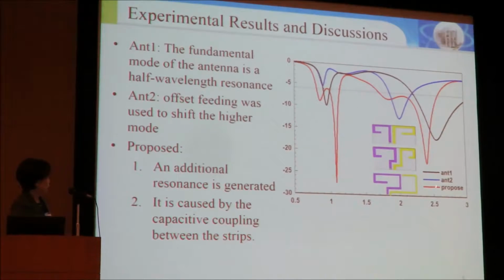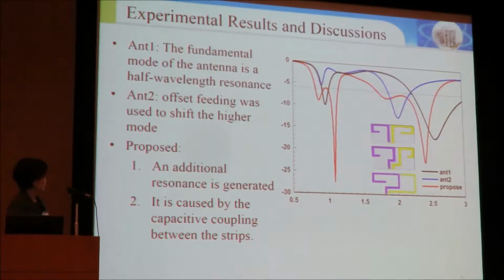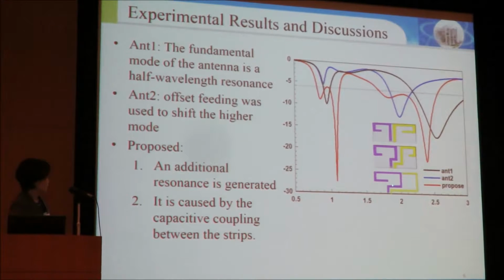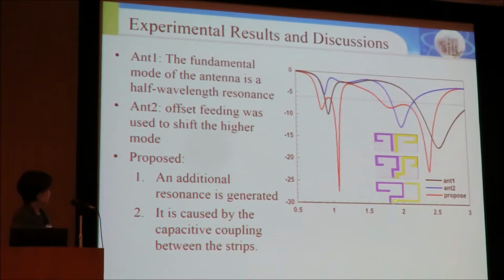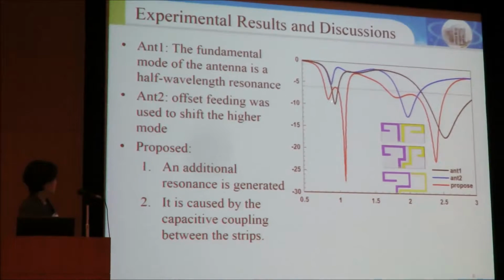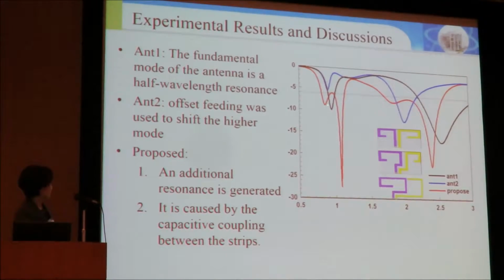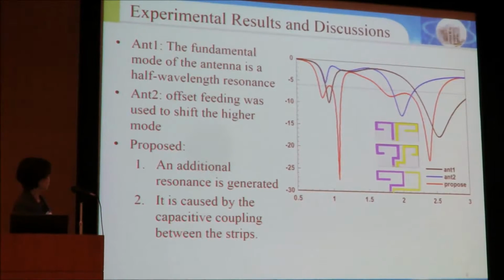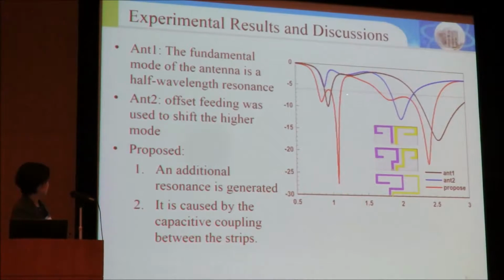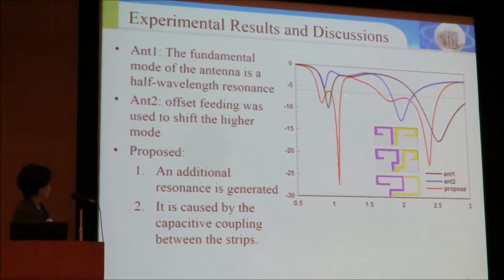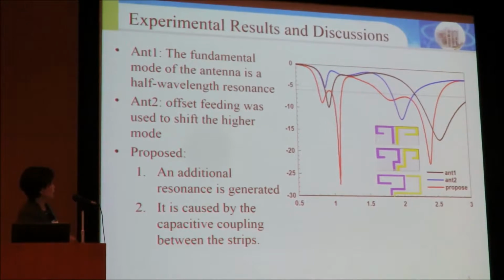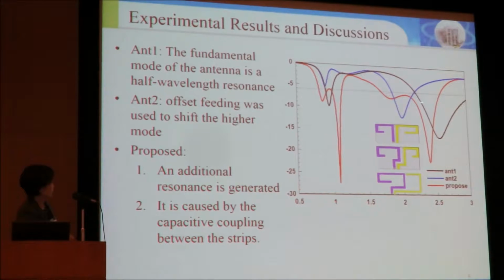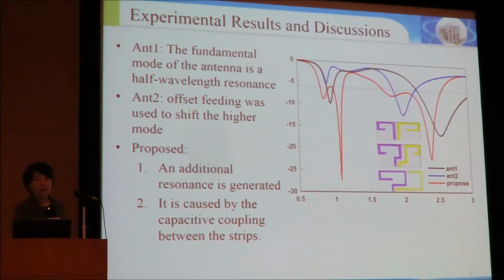For our proposed antenna, we extend the parallel portion of the two strips to introduce another resonant mode. We can see that for the low band we have two resonant modes, and also in the high band we have two resonant modes.